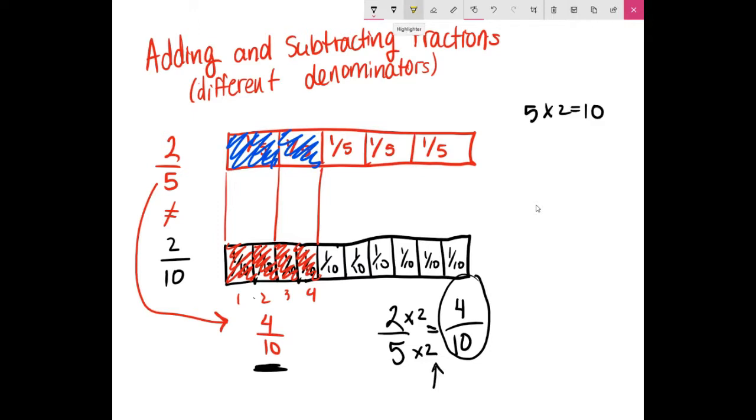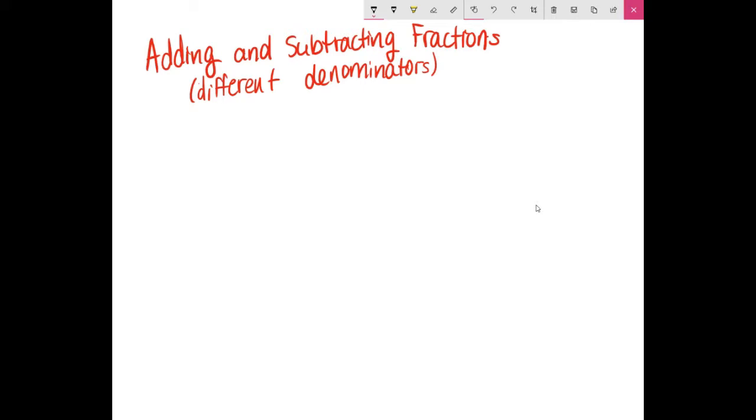So let's say we want to add fractions with different denominators. What do we do? Let's say we want to add 1/10 plus 2/5. These fractions have different denominators, and that means we can't add them yet. We have to make the denominators the same.